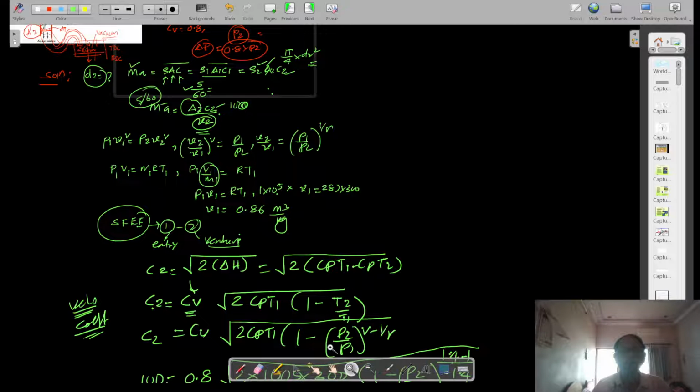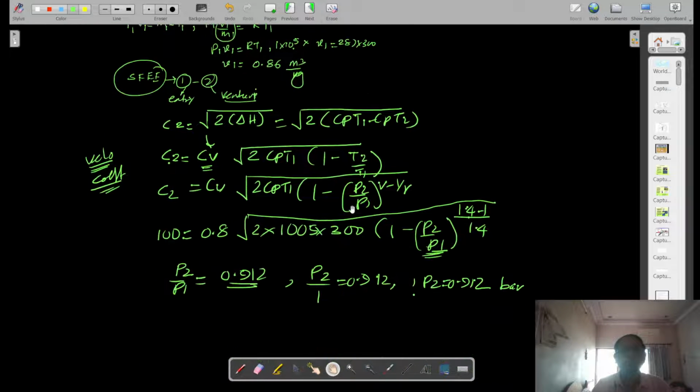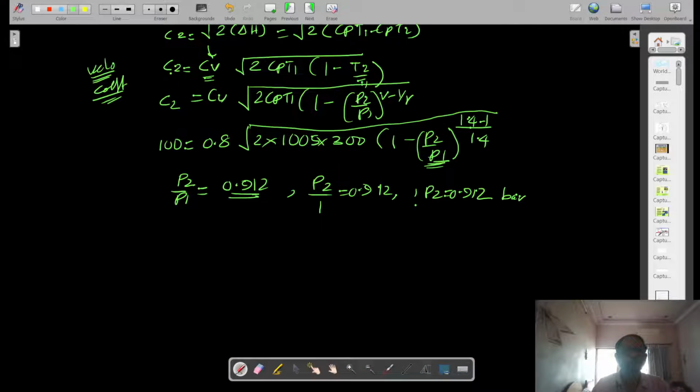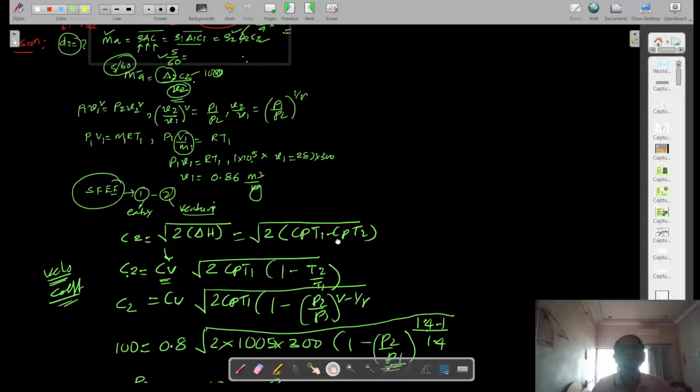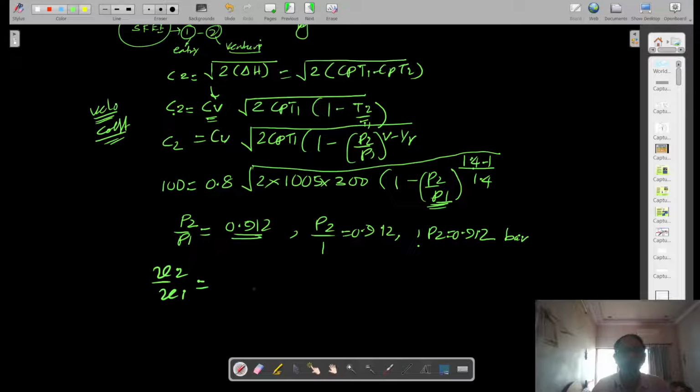So further what I do now is, I know that V2 by V1 is equal to P1 by P2 to the power 1 upon gamma, 1 upon gamma means 1 upon 1.4.